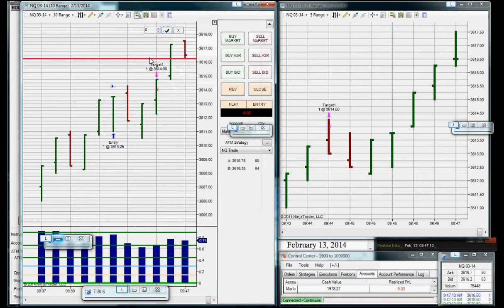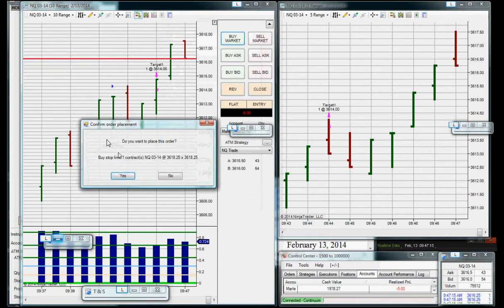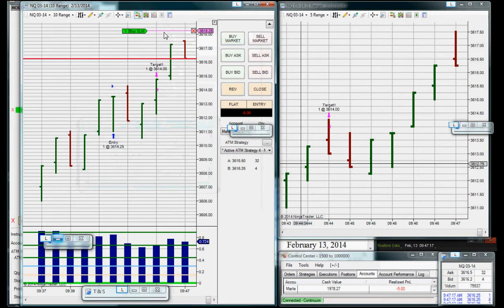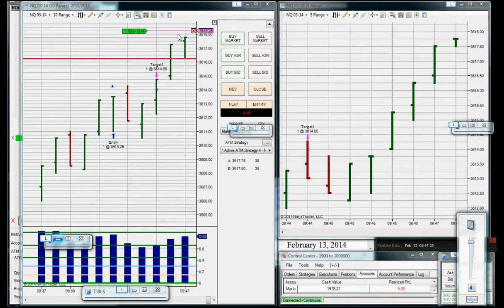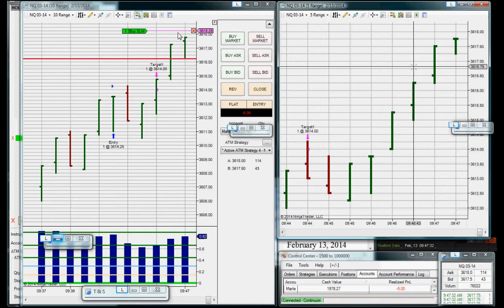With NinjaTrader, you can place a trade in front of the market, but it's not with your broker. If this trade had been sent to my broker, it would have filled me at the best possible price. But I don't want to do that. I only want to get in the trade if it goes up here and touches this. So this trade is actually just sitting on my computer. Once it touches this spot, NinjaTrader will then submit the trade for me, and then it'll go to my broker.